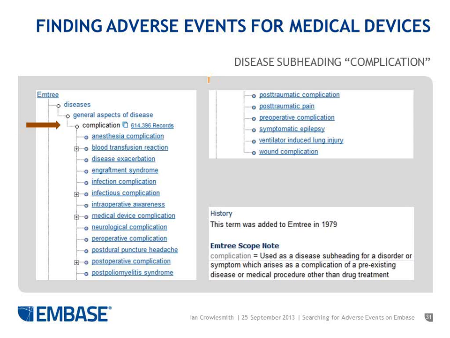What you can do is make use of another subheading, and that's the subheading complication. And as you can see from the definition, this subheading is used for disorders or symptoms which arise as a complication of a pre-existing disease or medical procedure other than drug treatment.